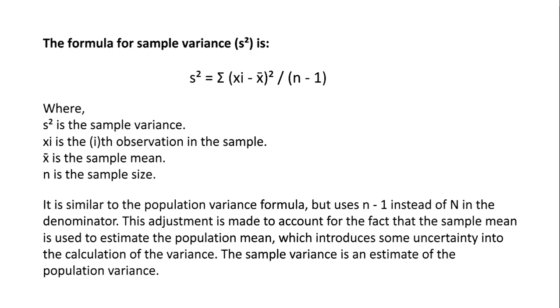It is similar to the population variance formula, but uses n minus 1 instead of n in the denominator. This adjustment is made to account for the fact that the sample mean is used to estimate the population mean, which introduces some uncertainty into the calculation of the variance. The sample variance is an estimate of the population variance.